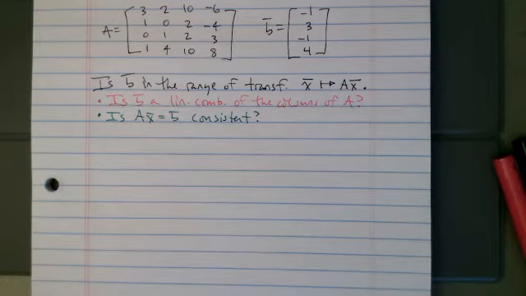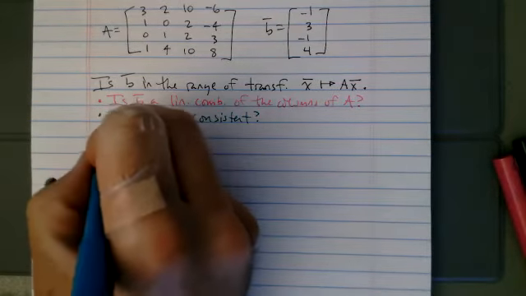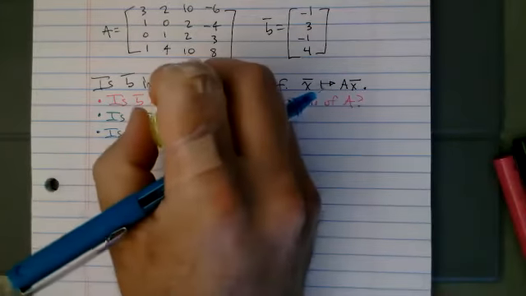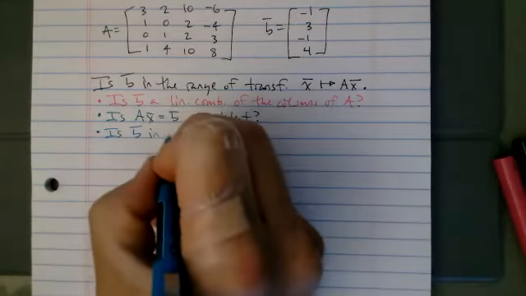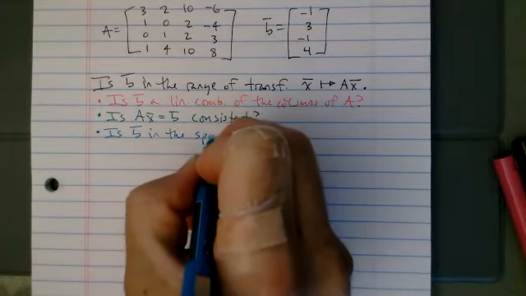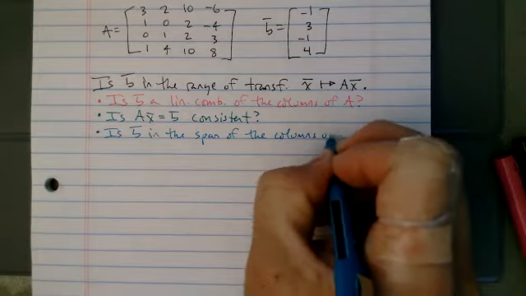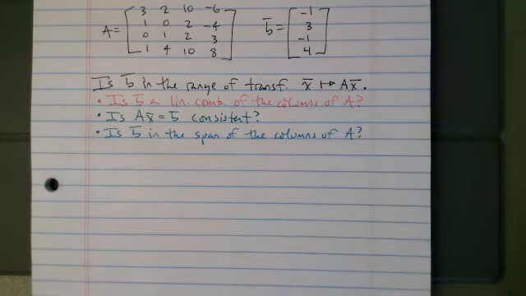Similar to linear combinations, we could say, is B in the span of the columns of A? All different ways of asking, is B in the range of the transformation X to AX?